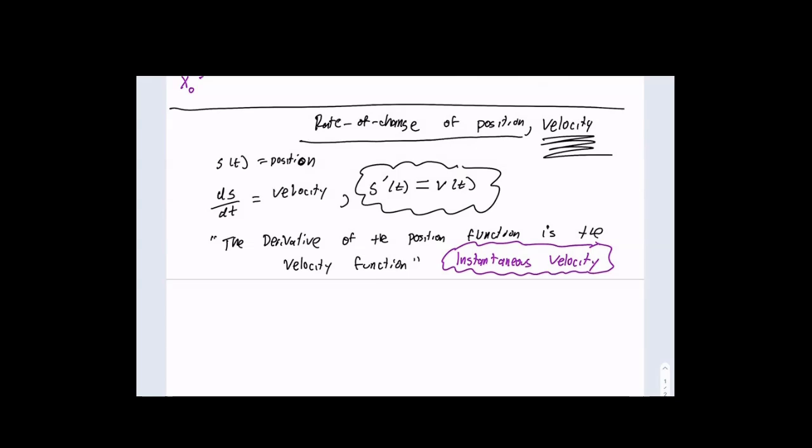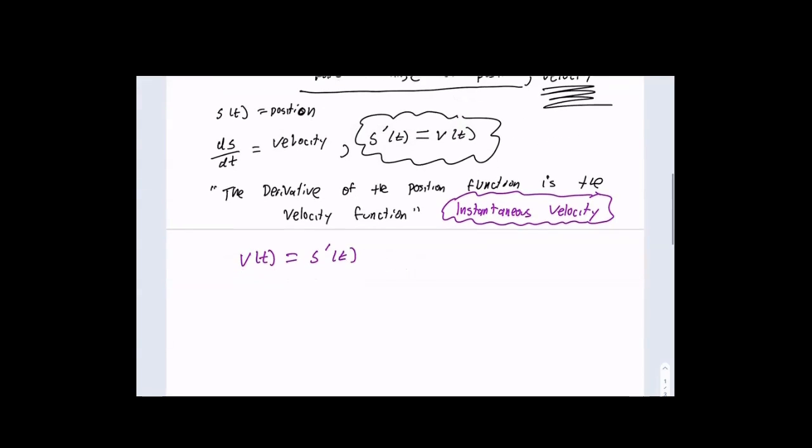Now you might have worked directly with velocity functions that were linear themselves and then didn't ask questions about the position, but we are going to be able to do those now. So we call this the instantaneous velocity. The velocity is equal to the derivative of position.